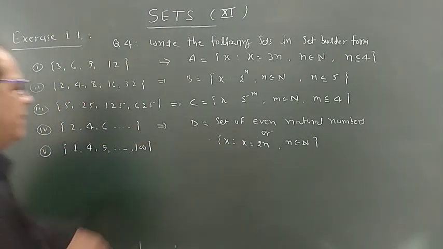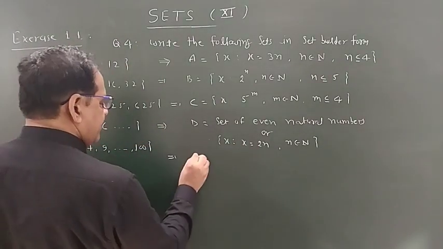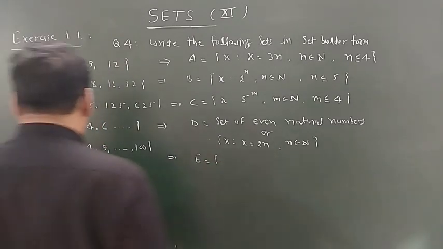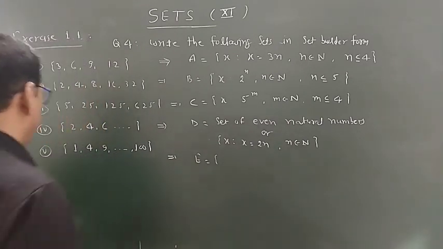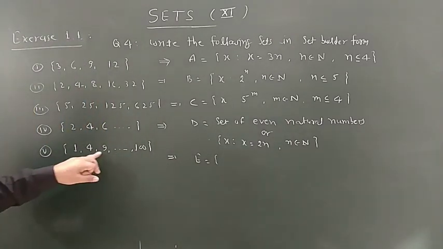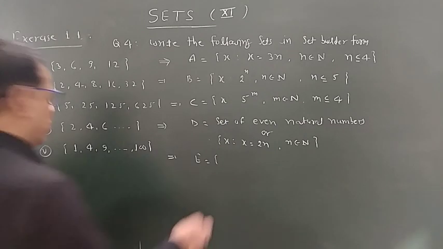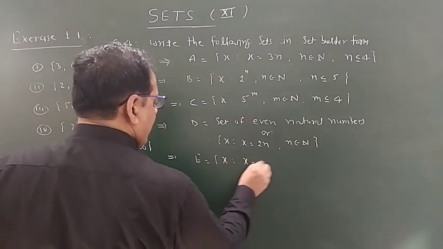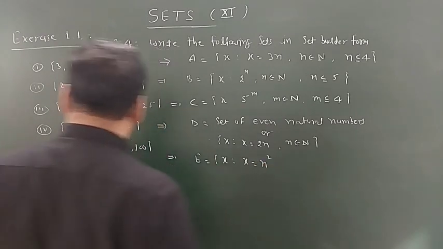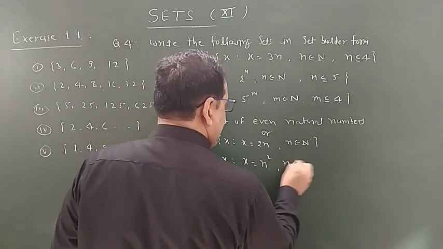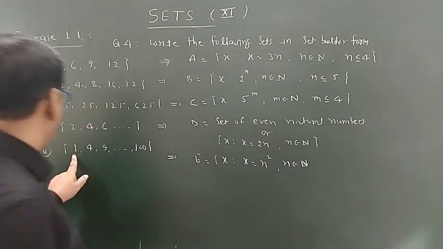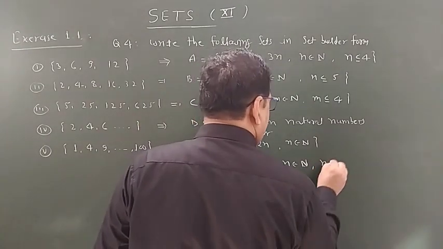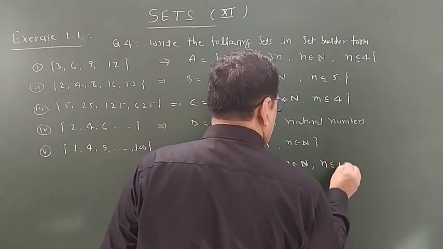Now 1, 4, 9, and so on. This can be represented as E equal to 1, 4, 9. So here we start with x equal to n squared, where n is a natural number because all are squares of natural numbers, and n less than or equal to 10.